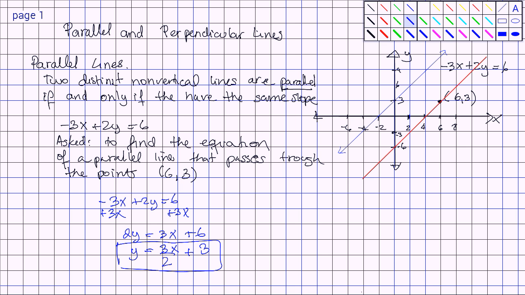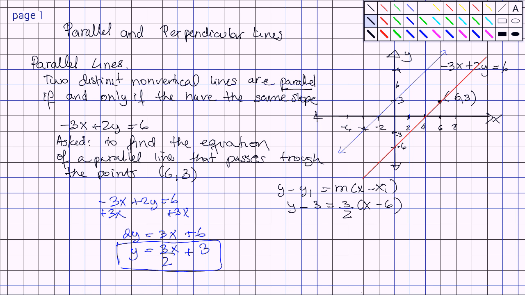If you recall, the point-slope form is y minus y1 equals m times x minus x1. So we have enough information to plug into this equation. We have y minus 3, since y1 equals 3, equals the slope 3/2 times x minus 6.